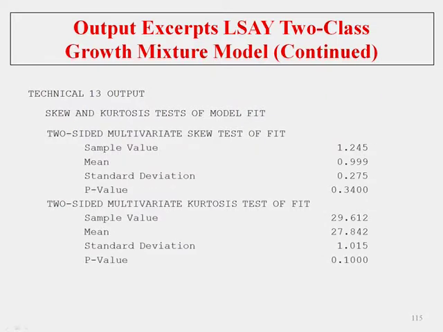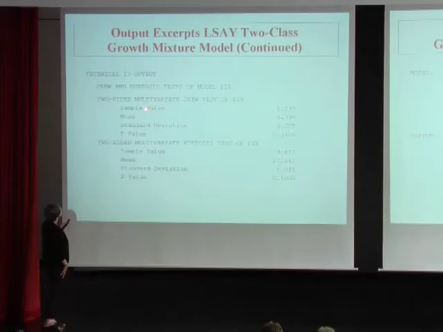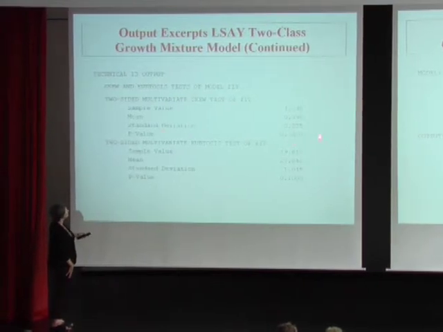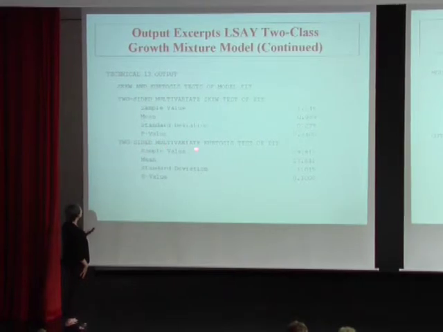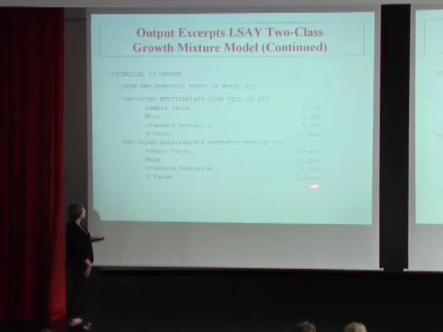And Tech 13 then gives you the p-values that we saw when we looked at the summary table I gave at the beginning. So we have a multivariate skewness test, and then a multivariate kurtosis test. Here's our test of skewness, and you can see the p-value is greater than 0.05, and then the two-sided kurtosis test p-value here.